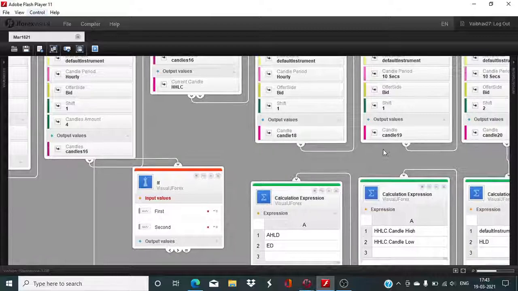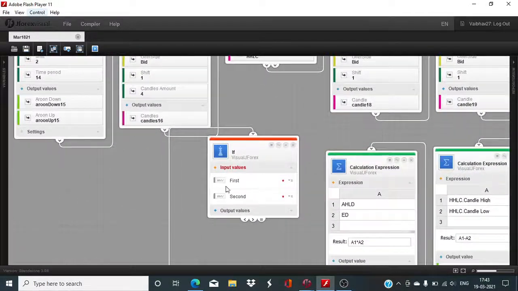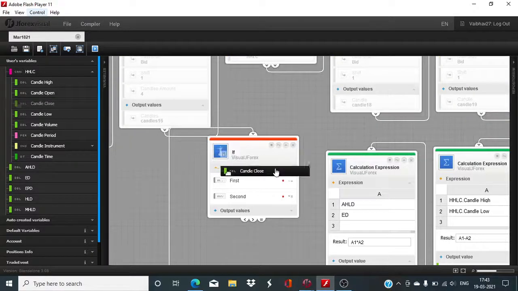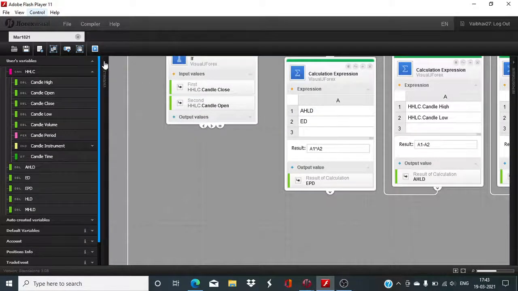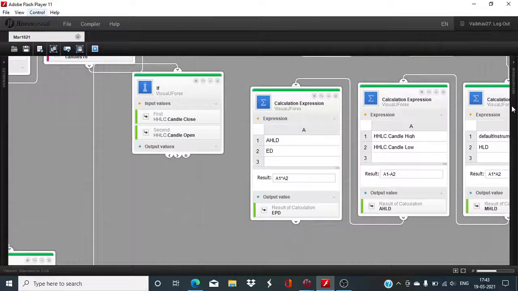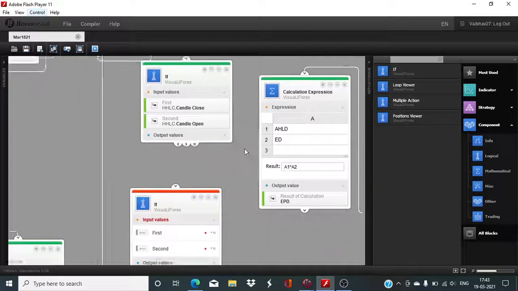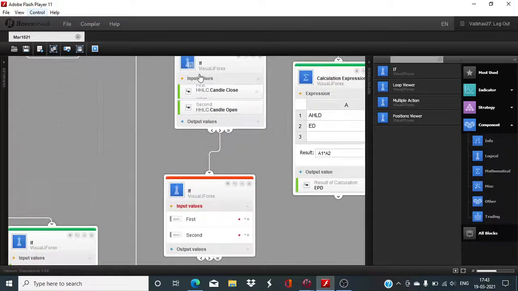That means there was buying momentum in the last hour, so its closing value is higher than the opening value. So here first input again greater than second input.